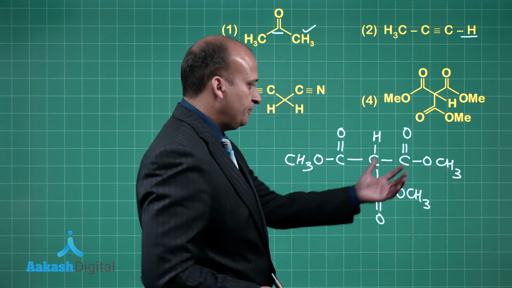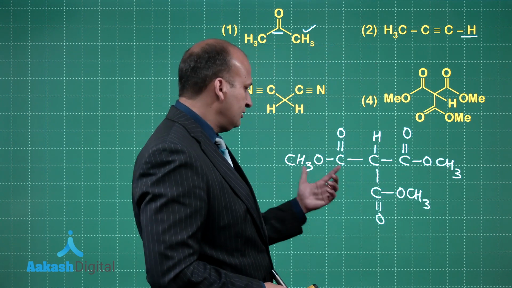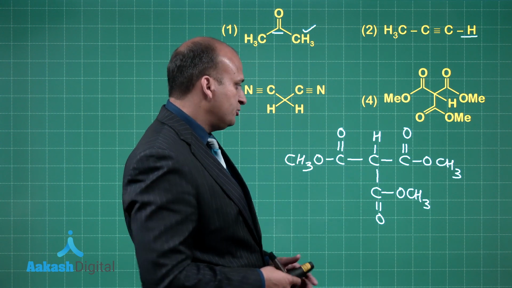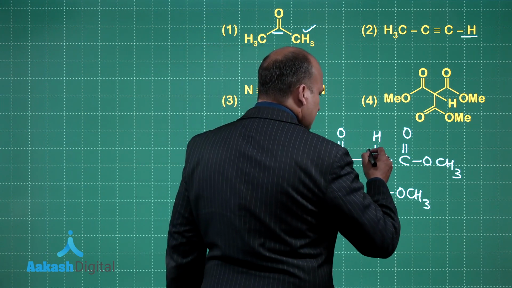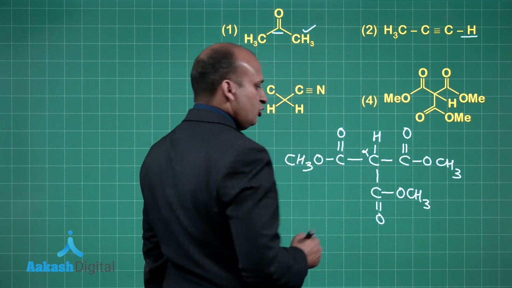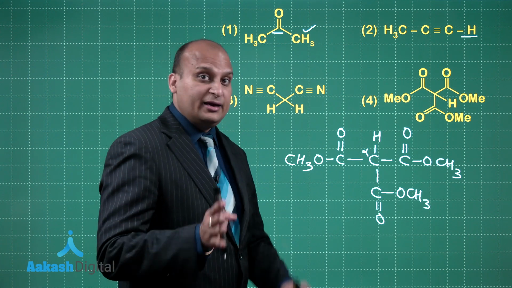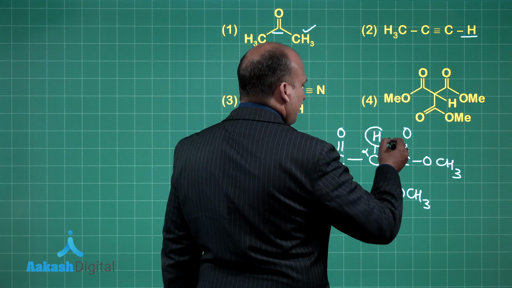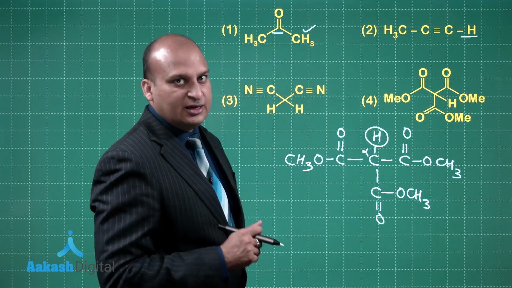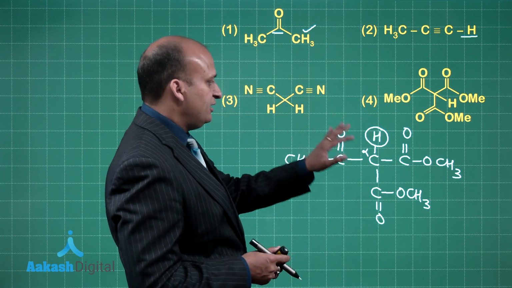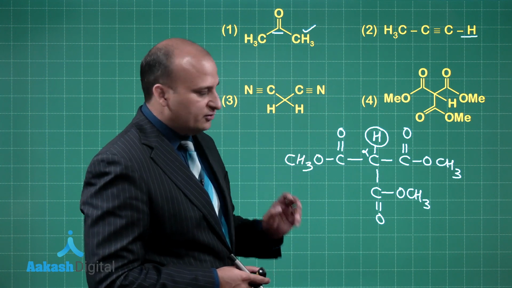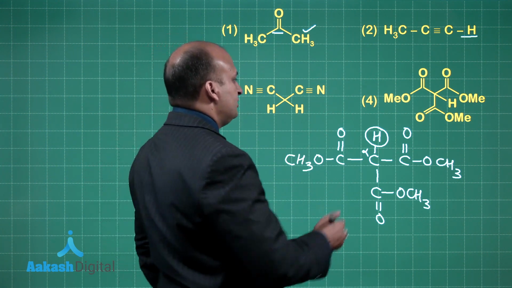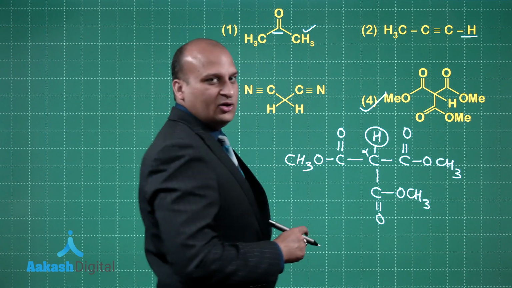See, ester, ester, ester, 3 carbonyl groups. So this carbon is alpha to 3 carbonyl groups. So the enolate ion is very stable, and thus this hydrogen can be most easily released, and this hydrogen I will say is the most acidic. So dear friends, out of the 4, this is the correct option.